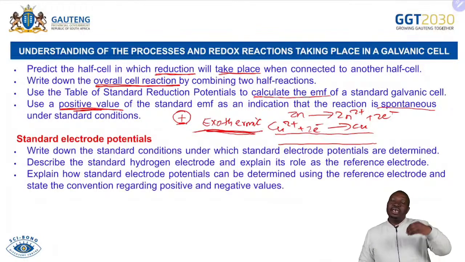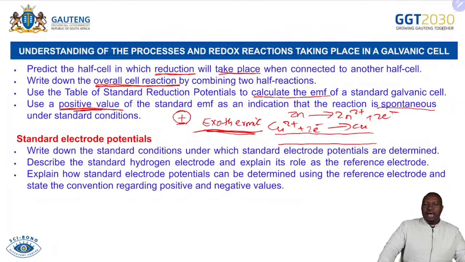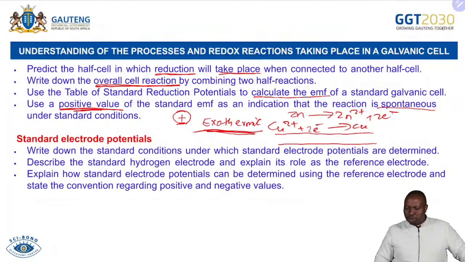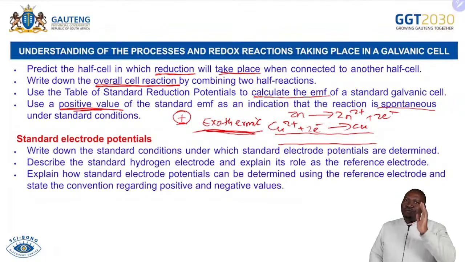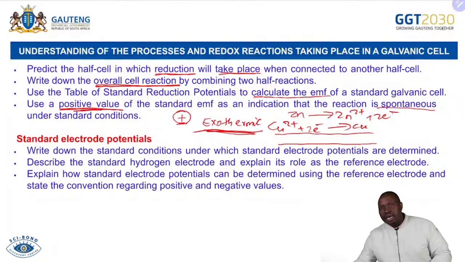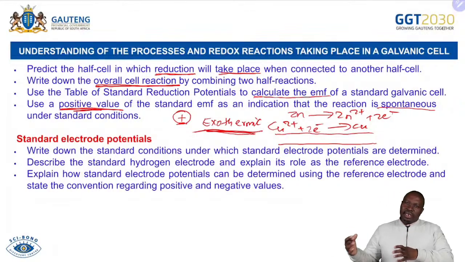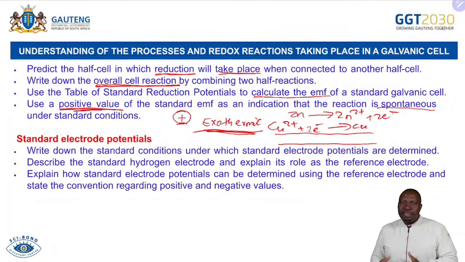And if you find a negative EMF, it will show that the cell is non-spontaneous, which is what we'll deal with when we are dealing with electrolysis, a non-spontaneous process. But a galvanic cell is a cell that converts chemical energy to electrical energy, and because we are producing electrical energy, this is an exothermic reaction.